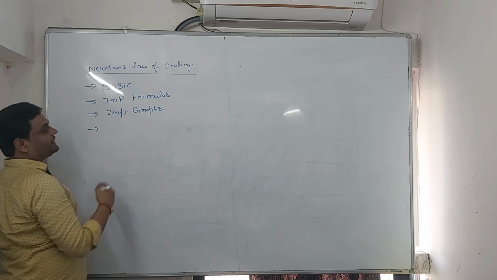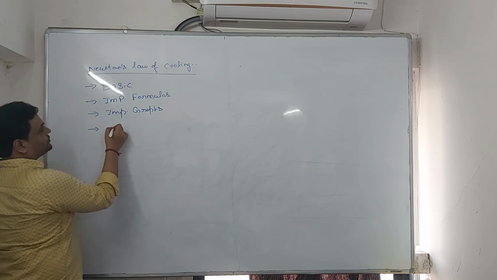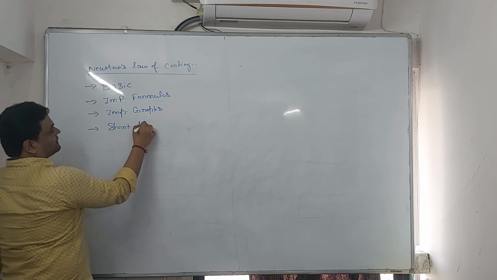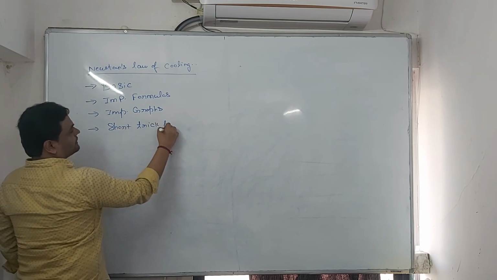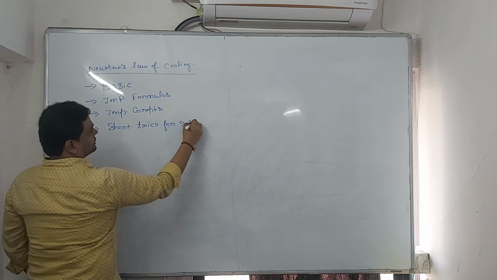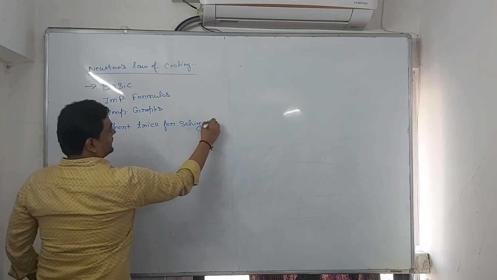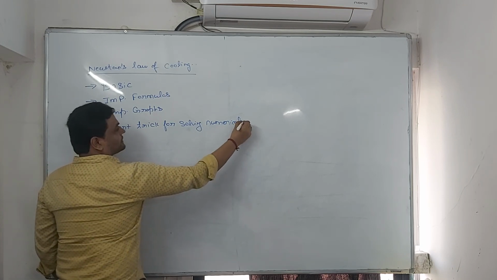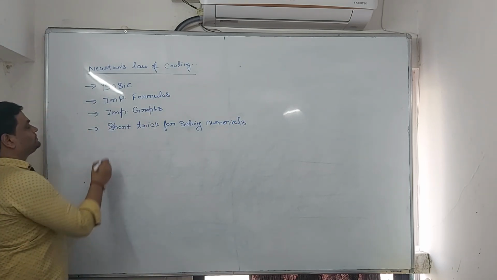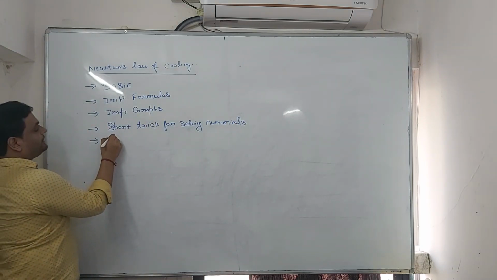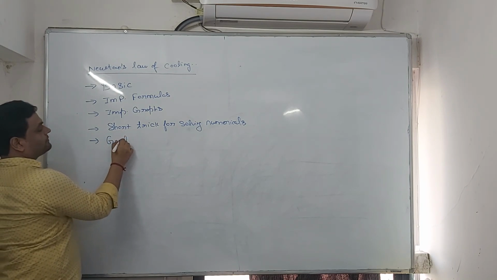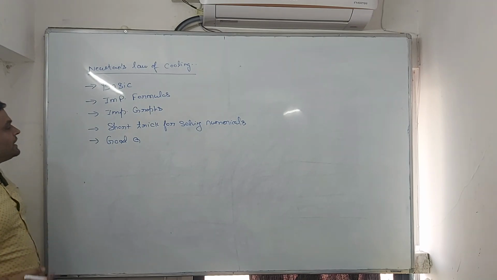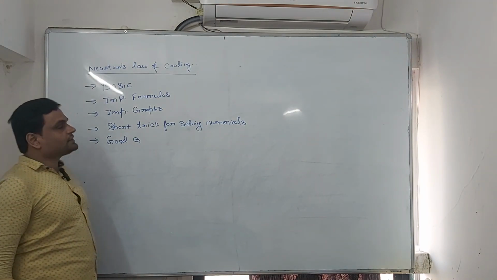After the discussion of important graphs, we have to see the short trick for solving numericals. And finally, we will look for some good questions. These are not very basic questions, but some of the good questions.